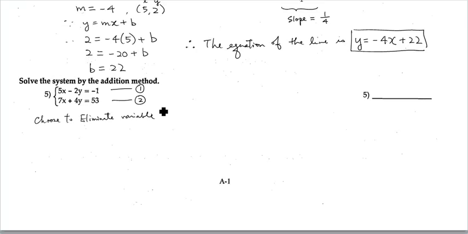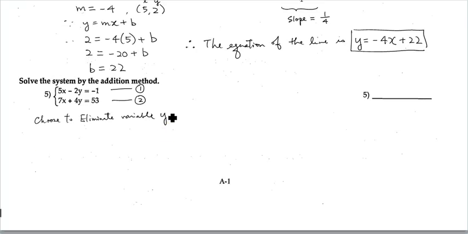What is the LCM? It would be just 4. I already have 4. So what I need is to turn the negative 2 into negative 4. So which one is easier to eliminate? The y variable is easier to eliminate.